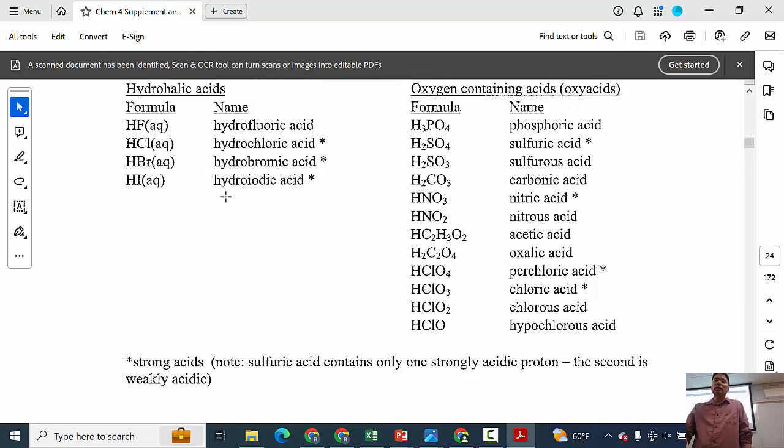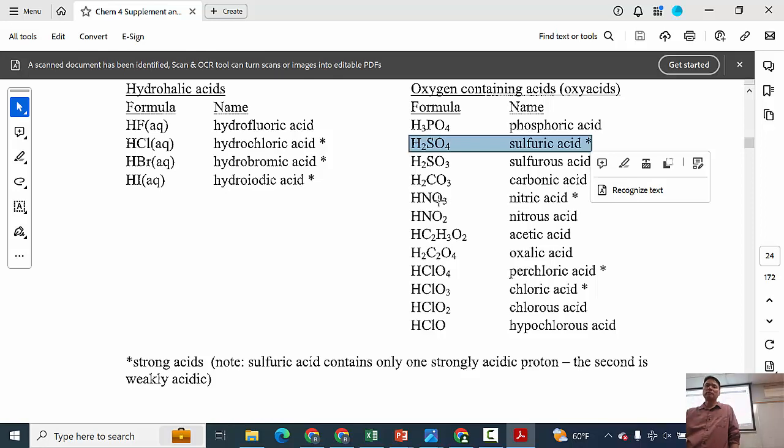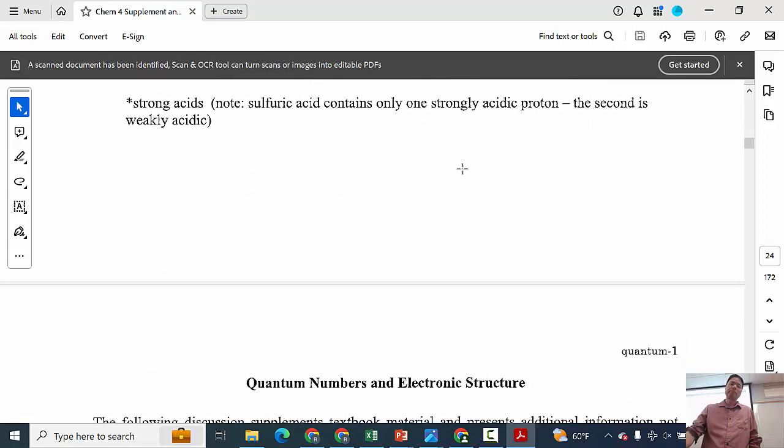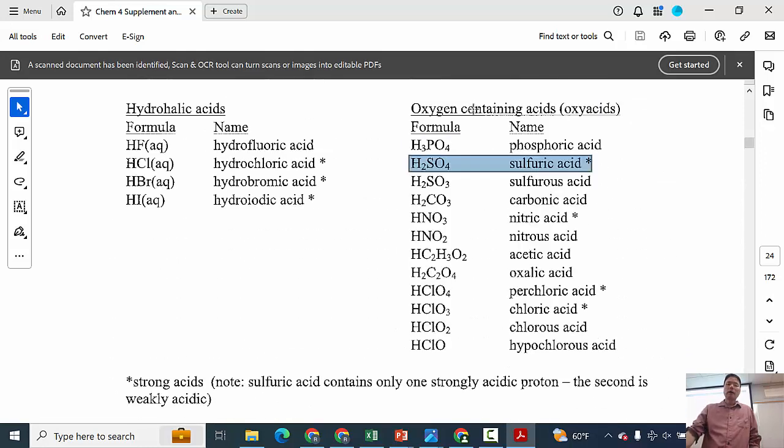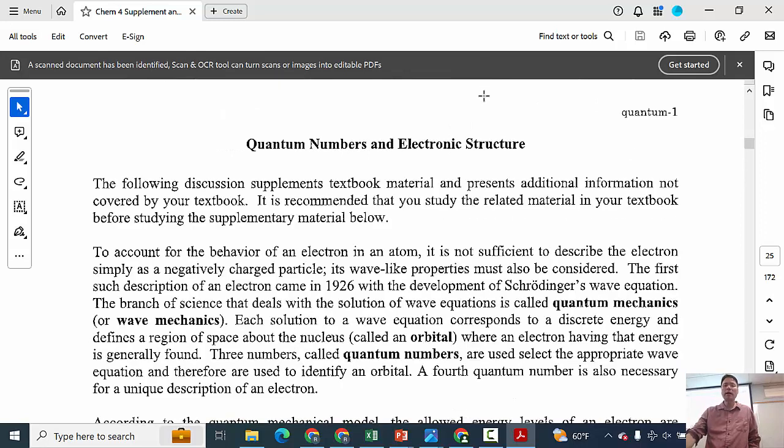In other words, if you don't know what sulfuric acid is and the formula for that, then as you go on in science, it'll be more and more of a sore thumb. Okay, so get started on that.